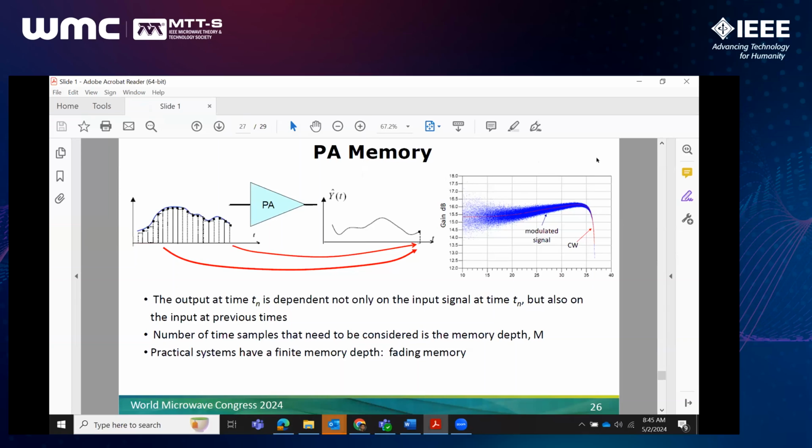So PA memory comes from numerous places. There's both short-term and long-term effects. There's the electrothermal effects within the device, the heating of the device or components. Short-term things occur on the time scale ranging from the modulated signal, the carrier to the envelope.